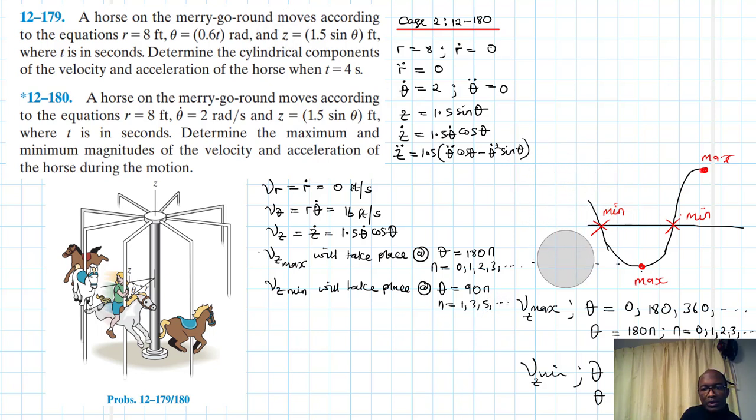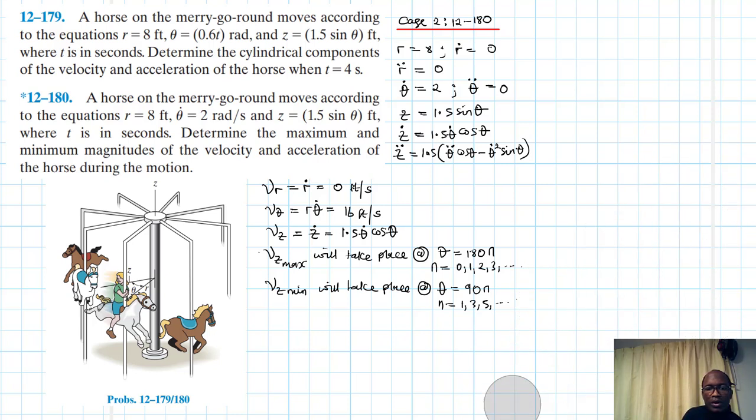Given a general formula, again we are looking at absolute values. So let's calculate. Vz max at theta equal to just the first one, which is 0 degrees. Using this equation, you plug in 0 there.